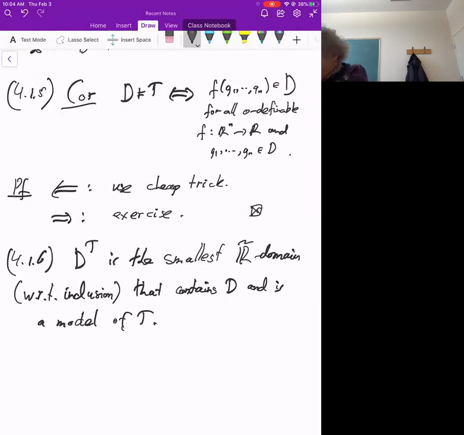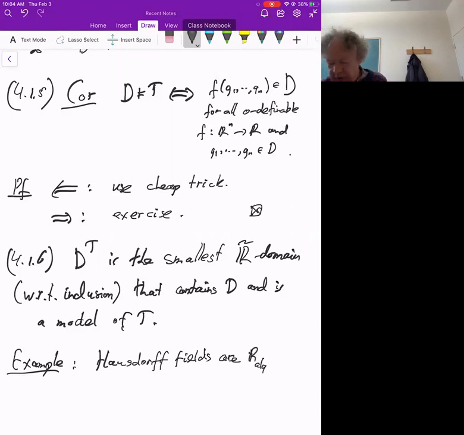Let me again mention the obvious example. Hausdorff fields are in particular R tilde domains; they are exactly the R tilde domains whose underlying ring is actually a field.